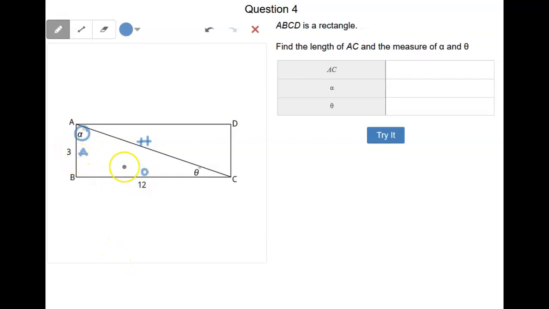So the two that I would have to use to figure out what alpha is equal to are the opposite and the adjacent. And since we're figuring out an angle this time, I'm going to do alpha instead of theta. Remember that we're using inverse trig functions, and opposite over adjacent is tangent. So we're going to do the inverse tangent of opposite over adjacent, 12 over 3.